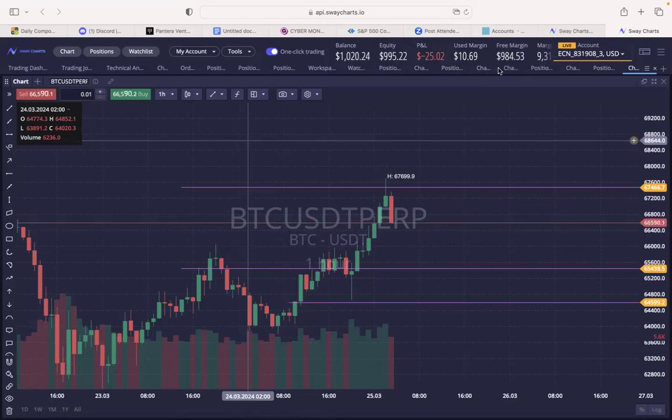I can call another trade and another trade and another trade. And then the margin used here will go up. The more trades I get in, the higher the used margin is going to be, and then the free margin is going to decrease.